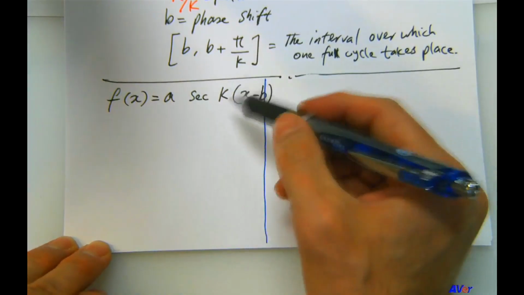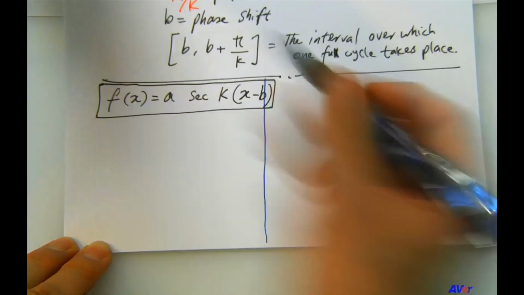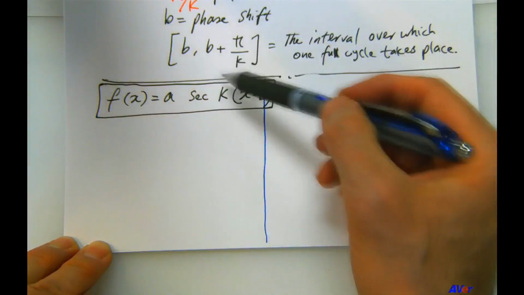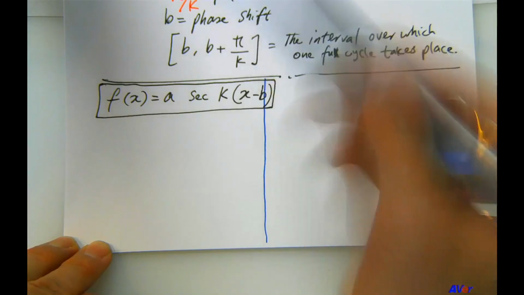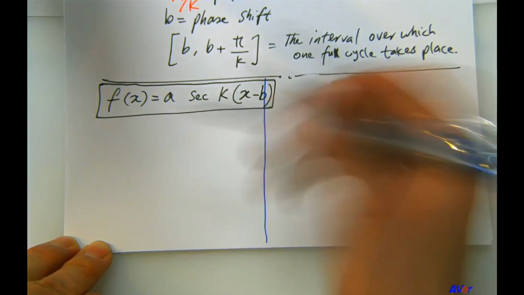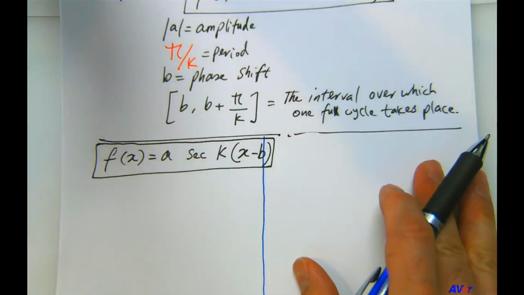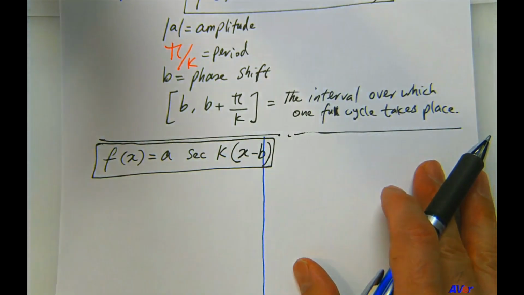Once again, everything else is the same: the phase shift b and the amplitude will be the same, except the period. The period is going to be 2 pi over k, not pi over k. So only the tangent and cotangent have periods pi over k.